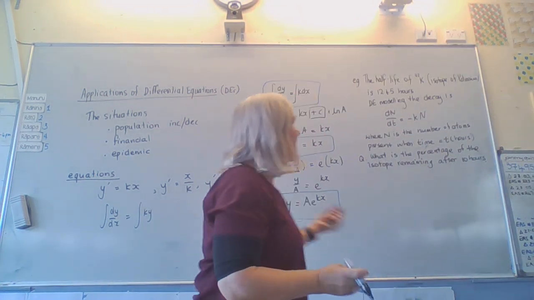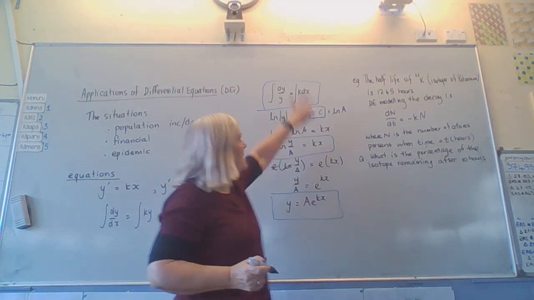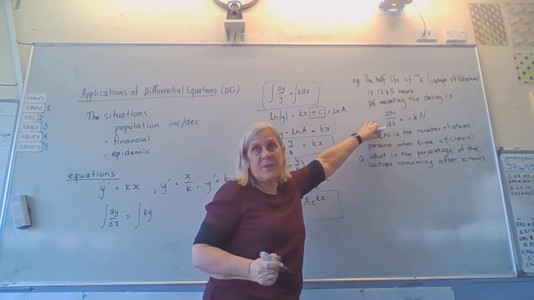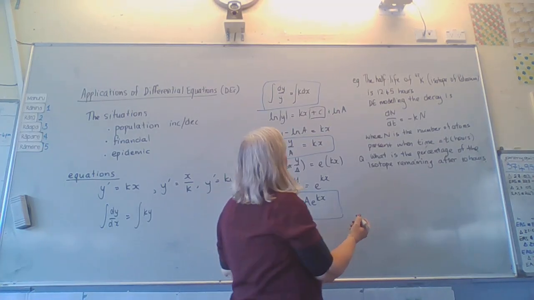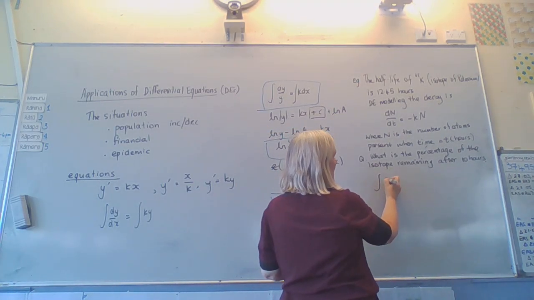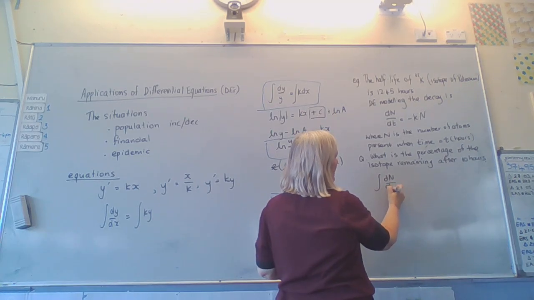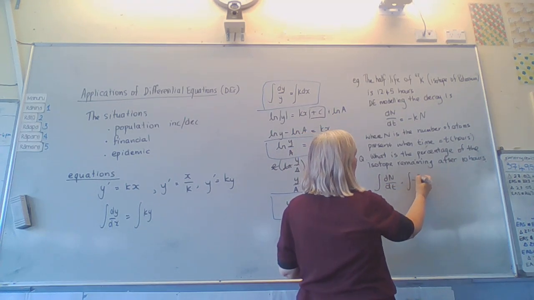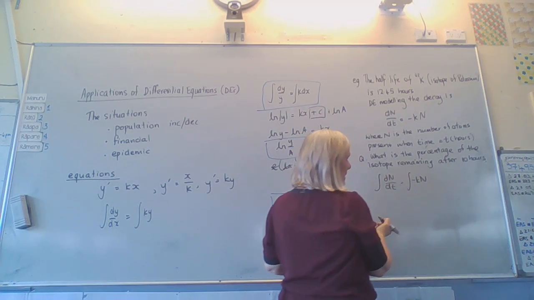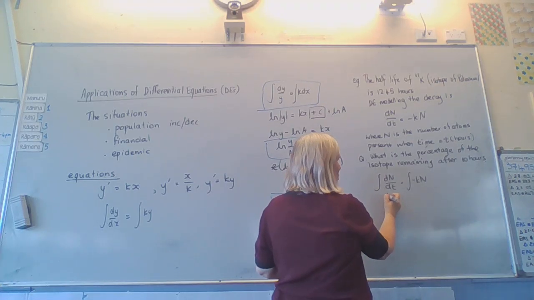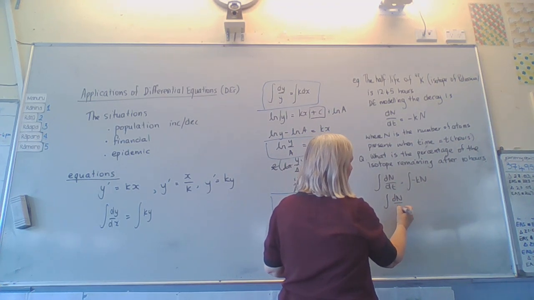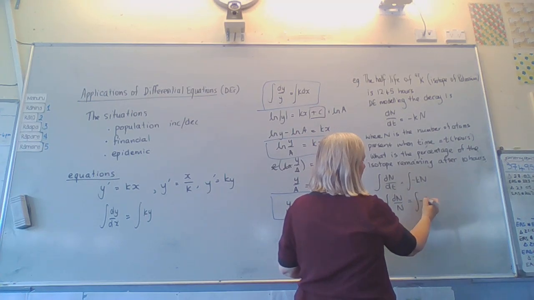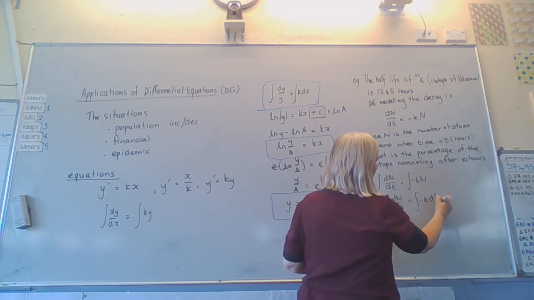So, if we were doing this in the exam, what we would need to do is this process here to this. Okay, so we would get the integral of dn over dt, saying we know we are integrating, the integral of dn over n equals the integral of negative k dt.